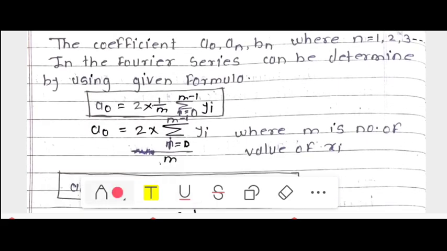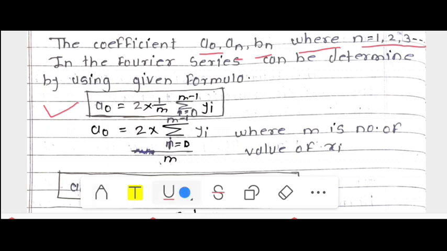The coefficients a0, an, bn, where n runs from 1, 2, 3 and so on, in the Fourier series can be determined by using the formula: a0 is equal to 2 into 1 upon m summation i runs from 0 to m minus 1 yi.